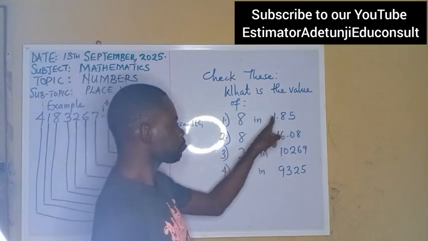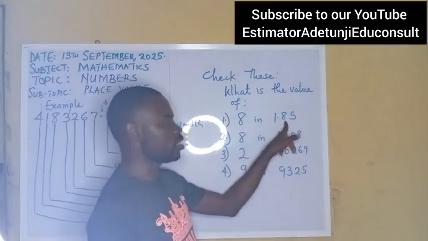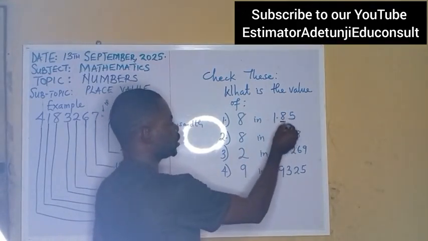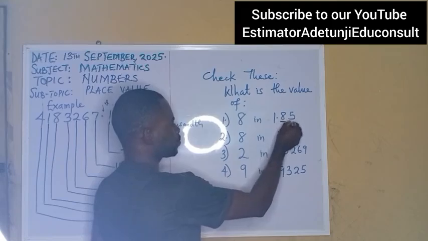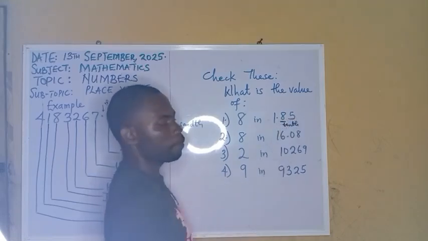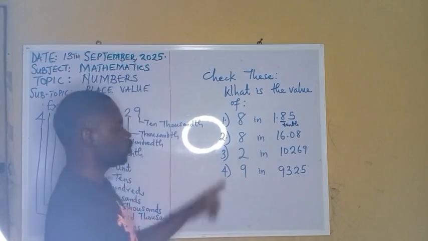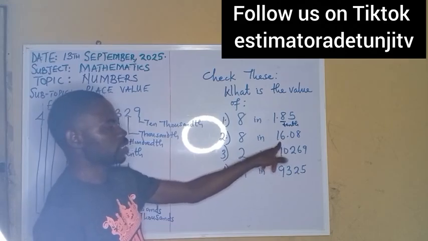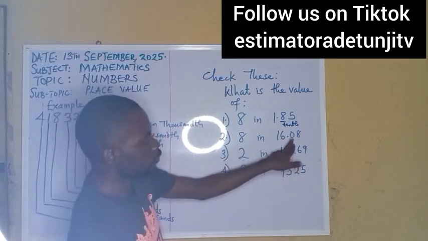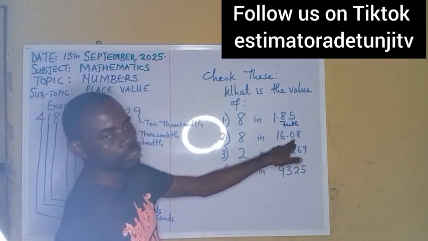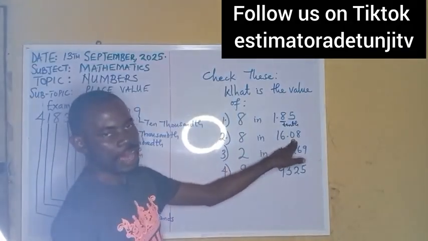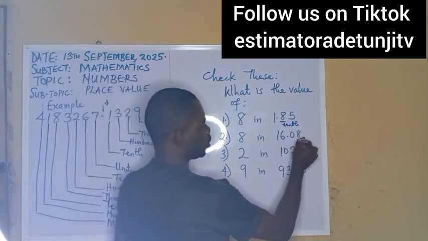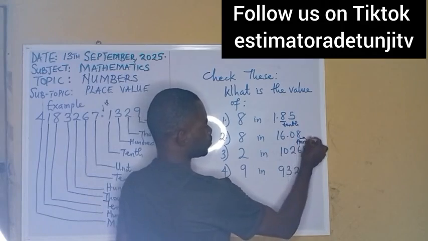So this 8 is tenths. Now, the second question: what is the place value of 8 in 16.08? If you check, the first number after the point is 0. That is our tenths. After tenths is hundredths. So this 8 here is measuring hundredths.